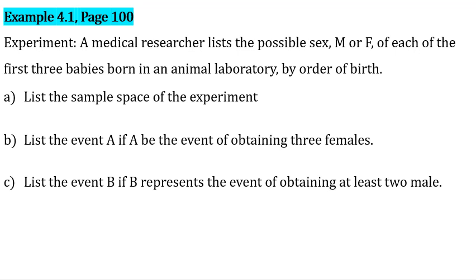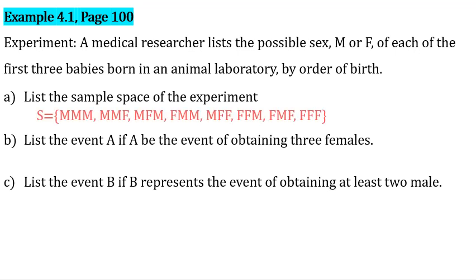A. List the sample space of the experiments. We have male, male, male, or male, male, female, or male, female, male. So this is the sample space for the 3 babies born in an animal laboratory.